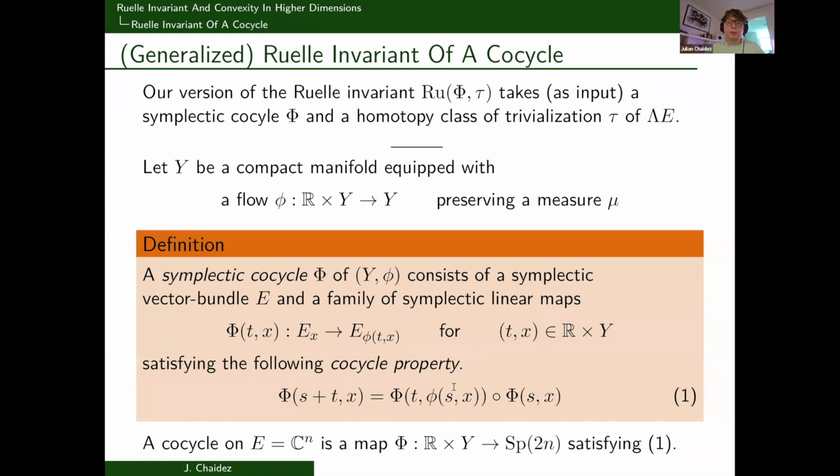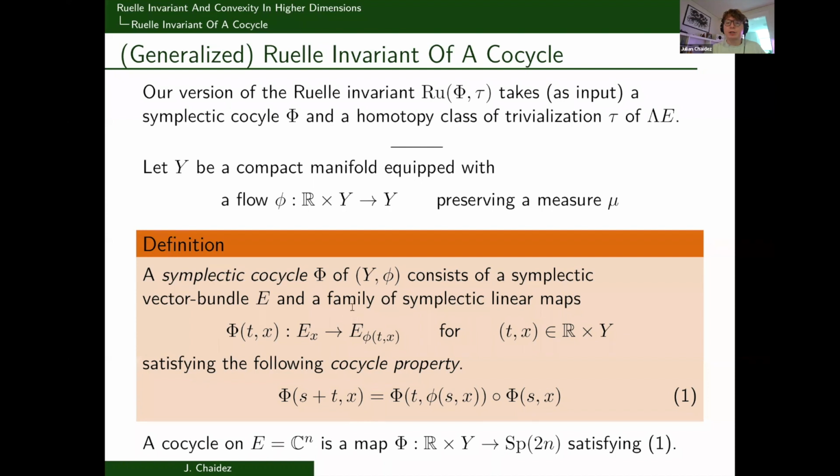Okay, so first I want to explain what a symplectic cocycle is. So let's say you have a compact manifold Y equipped with some autonomous flow phi, preserving a measure mu.